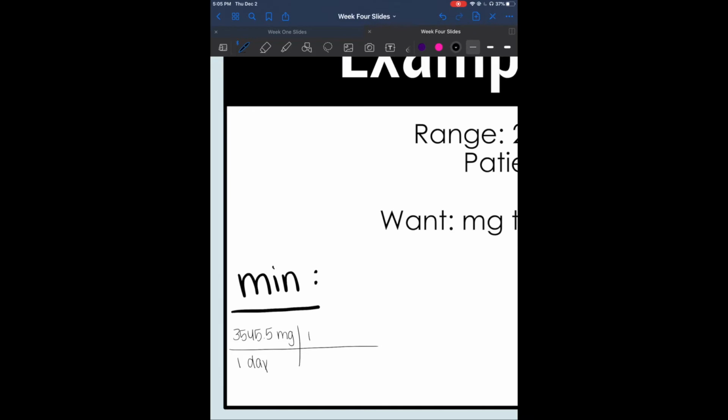And then in that one day, there's 24 hours. And every 4 hours, they're going to get one dose.